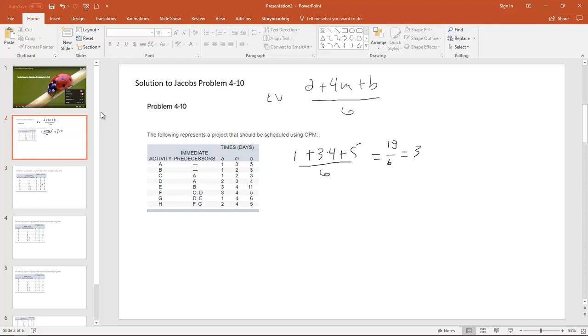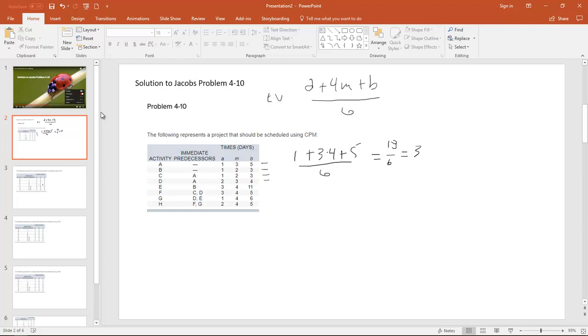Our optimistic is as far away from the nominal as our pessimistic is. The activities for which this holds would be this one, where 3 is right between 1 and 5, B, where 2 is right between 1 and 3, again the same thing, 2 is right between 1 and 3, and 3 right between 2 and 4.